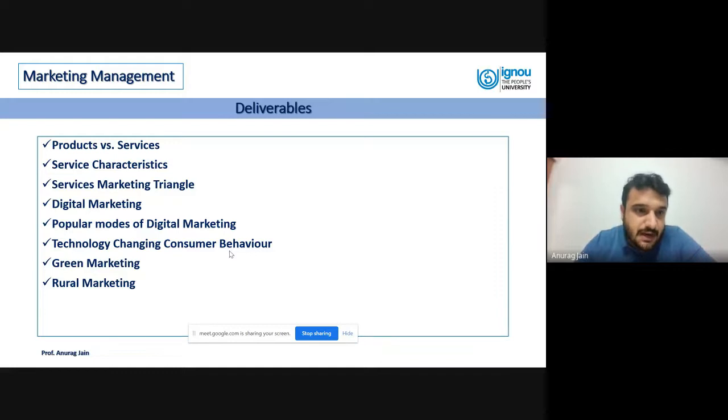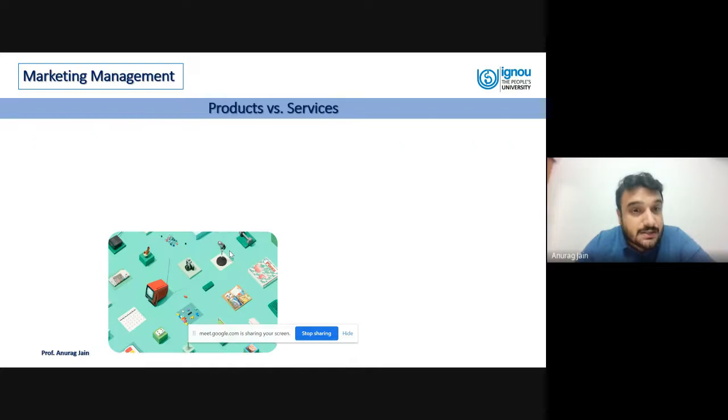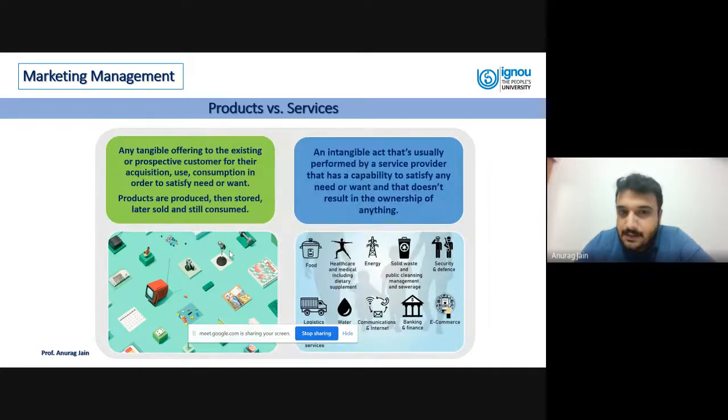So let us first start our discussion with understanding how products are different from services. A product is something which is very much tangible, and one can acquire it and consume it at a later point in time, and one can have a form of ownership over a product. For example, if you are buying a car, or any other vehicle, or a mobile phone, you definitely have ownership, and you can keep it with you and use it at a later point in time as well.